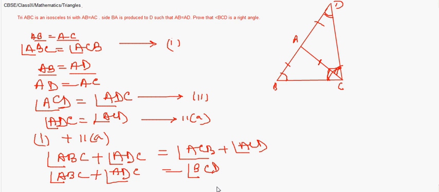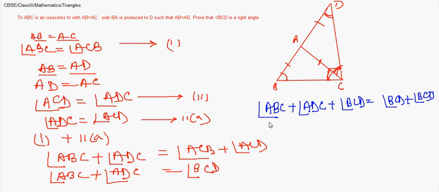Now if I add BCD, ABC is also there, ADC is there. Now I add BCD to both the sides. It would be ABC plus ADC plus BCD, and on the right-hand side another BCD.